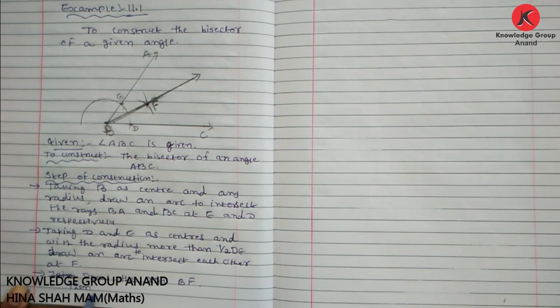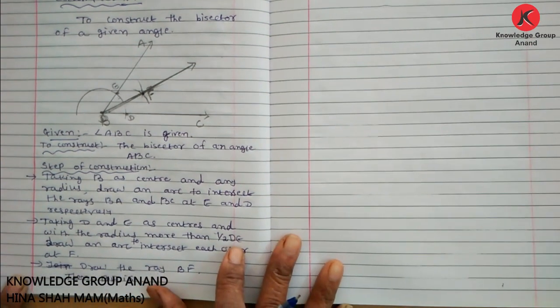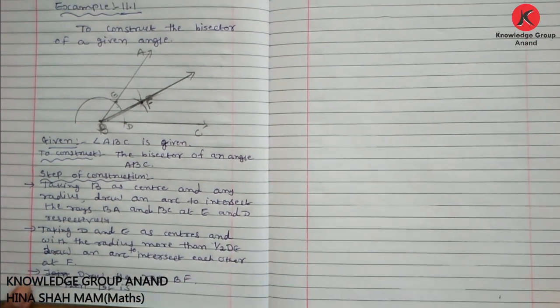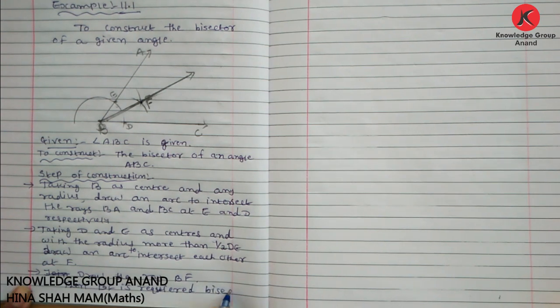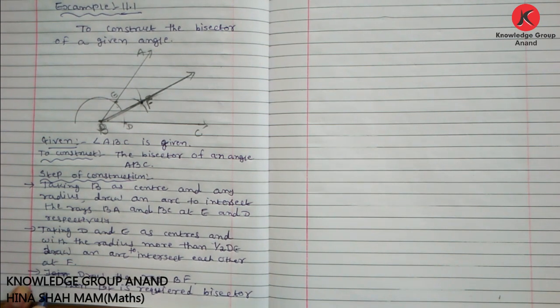Then BF is the required bisector of angle ABC.